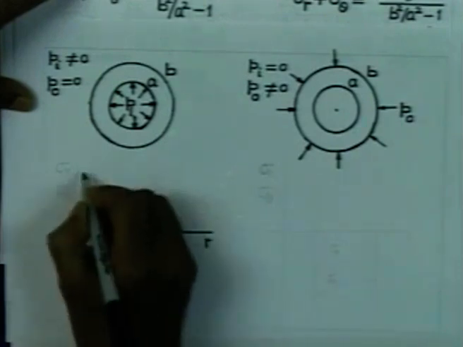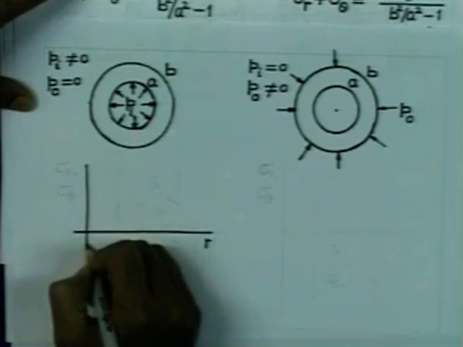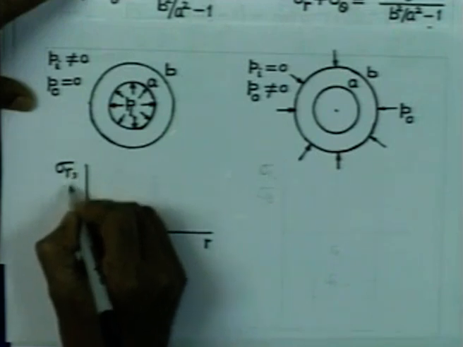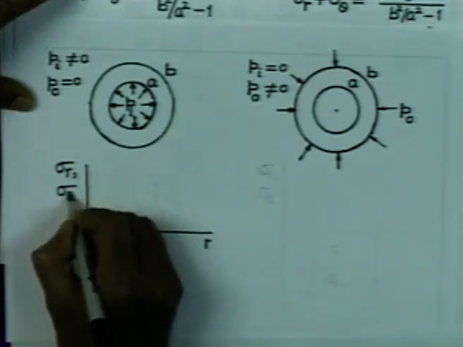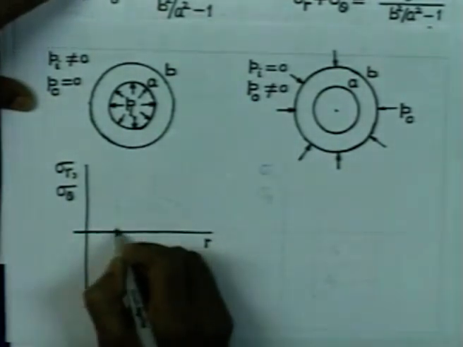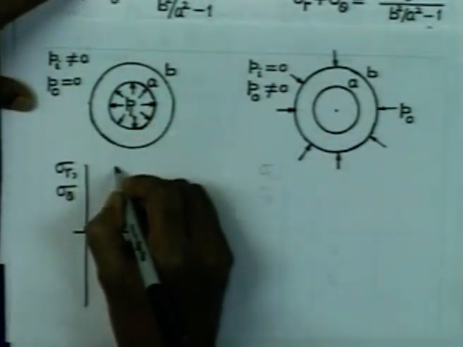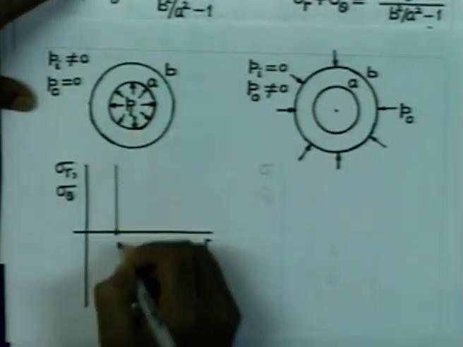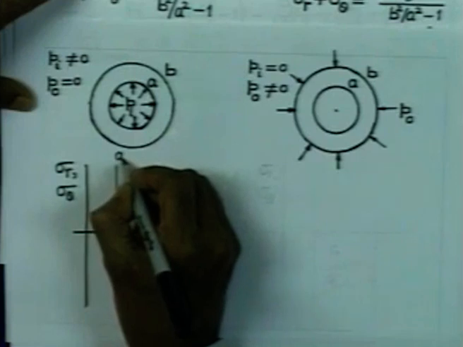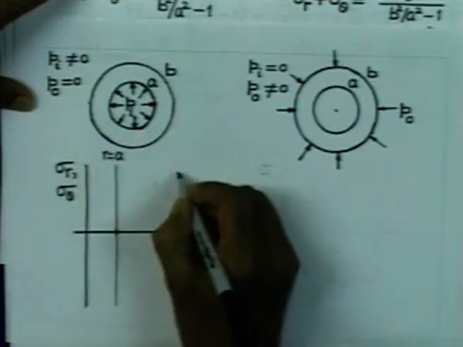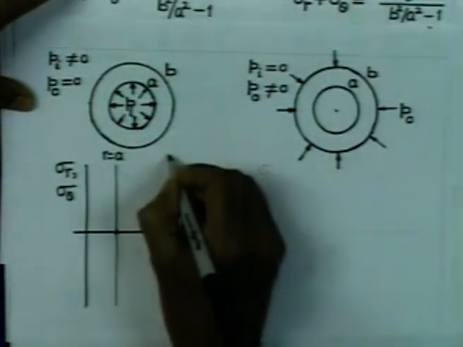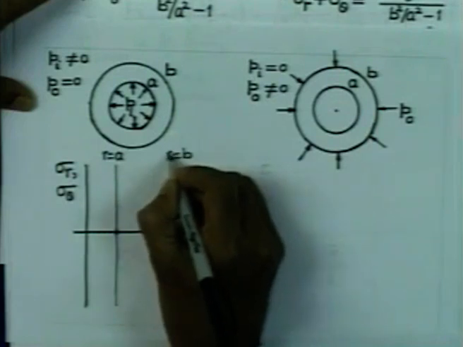So, radius is plotted in this direction, and we would like to plot the stresses sigma r and sigma theta in this direction. Then we have the internal radius here, so this is r equal to a. Let us consider that this is the external radius, r equal to b.